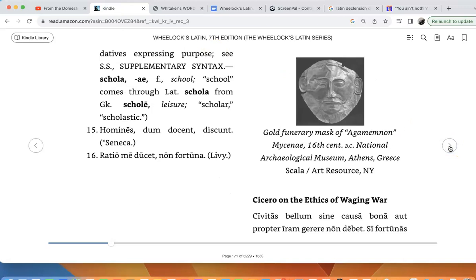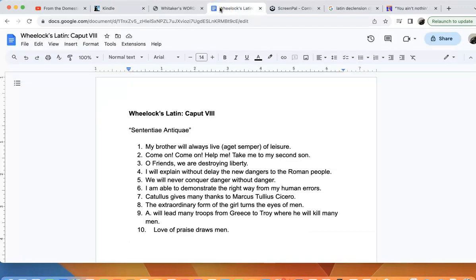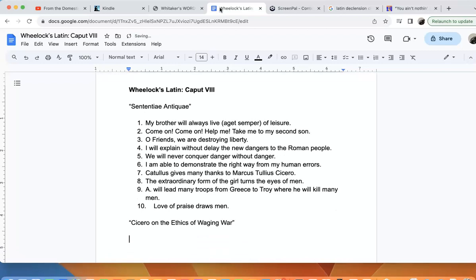Cicero on the ethics of waging war. So we'll give this a title. I can type here. And once again, Cicero, 106 to 43 BC. Rome's greatest statesman.